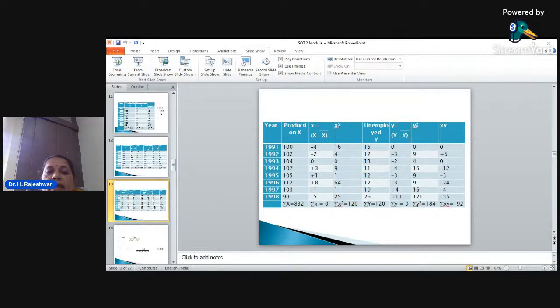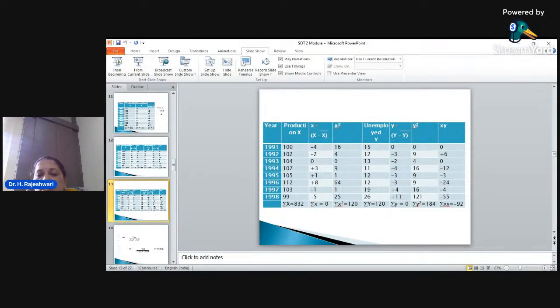Then you have to calculate x into y. For example, x is minus 4, y is 0, so minus 4 into 0 is 0. Like this, you have to find out the xy value for each of these. Minus 2 into minus 3 is 6. Add all this to find out the sigma xy value.